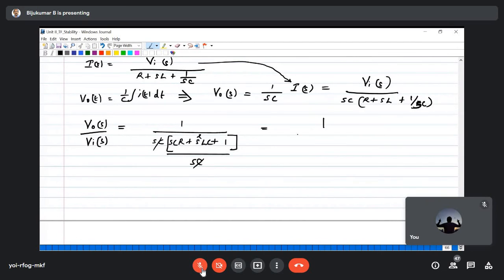So it can be written as 1 by LC divided by S squared plus R by L S plus 1 by LC, right? So this is a second order system.